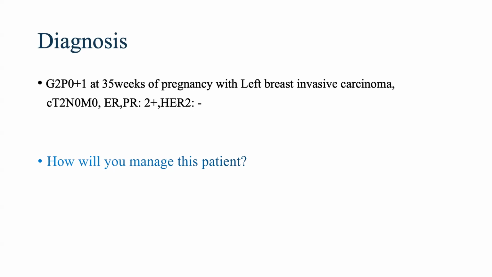Because I think the initial presentation included a 7 centimeter mass, and the ultrasound showed about a 2 centimeter lump. So there is a clinical and radiological discrepancy. Would you consider other imaging? I think since she's pregnant, it's safe for mammography.